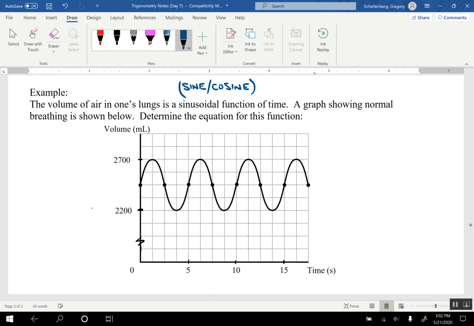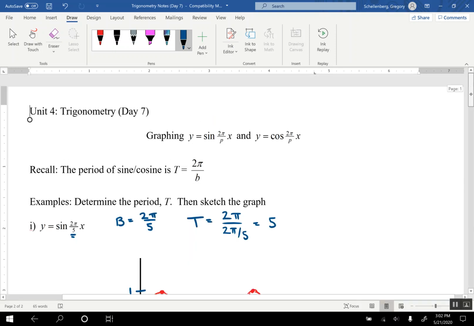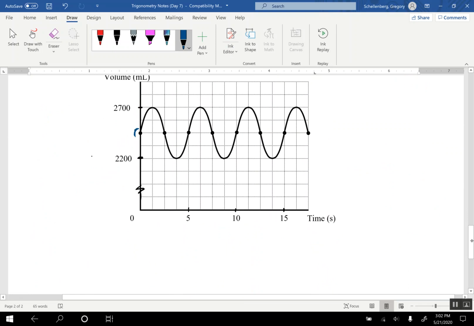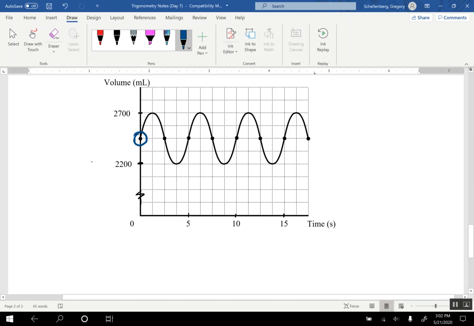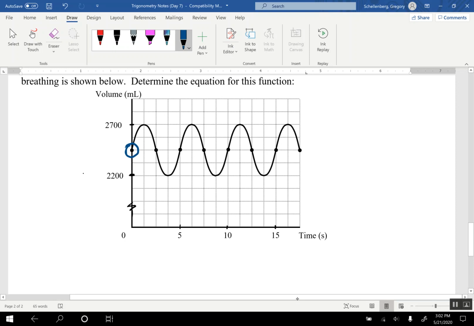Okay, now if we use this point here as our starting point, then we have no phase shift. We're starting at a time of 0 seconds. So that is probably our easiest bet, and that's a midpoint. So let's select a sine function.